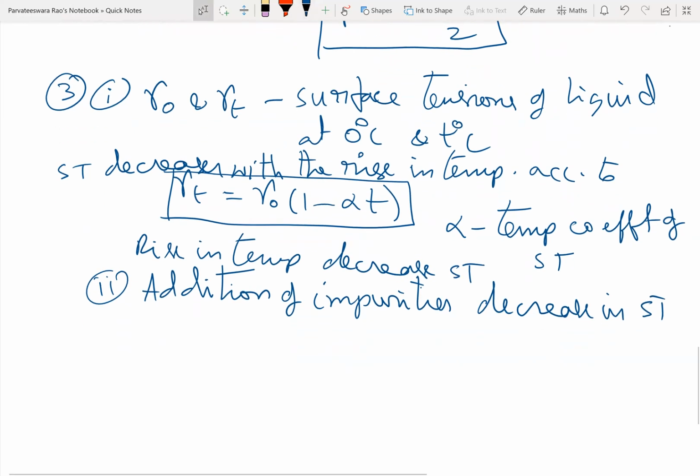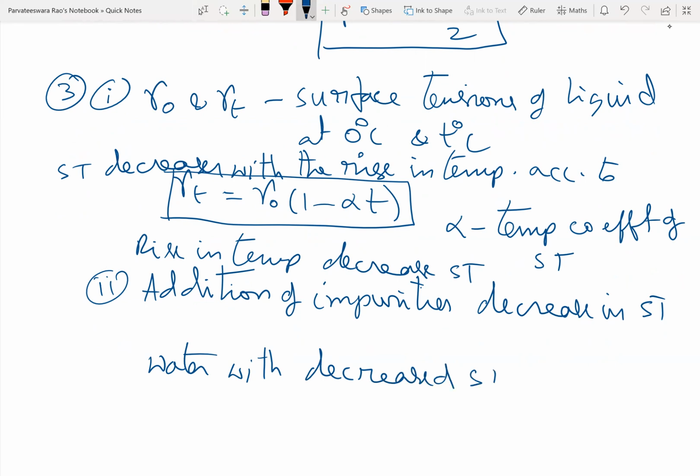And water with decreased surface tension will give a better cleansing effect. These are not even in plus 2, so I am just making a reference.